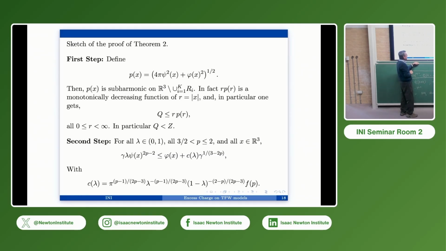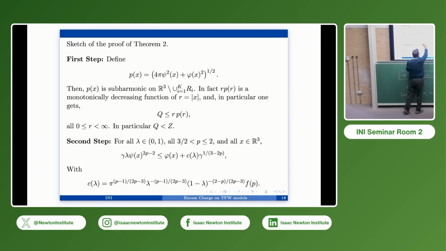And when R goes to infinity, p(R) times R goes to Q. And you can evaluate R p(R) at 0: in the atomic case phi goes like C over R, so at 0, R p(R) goes to C. Given that R p(R) is a monotonically decreasing function, you compare the value of that function at 0 and infinity.